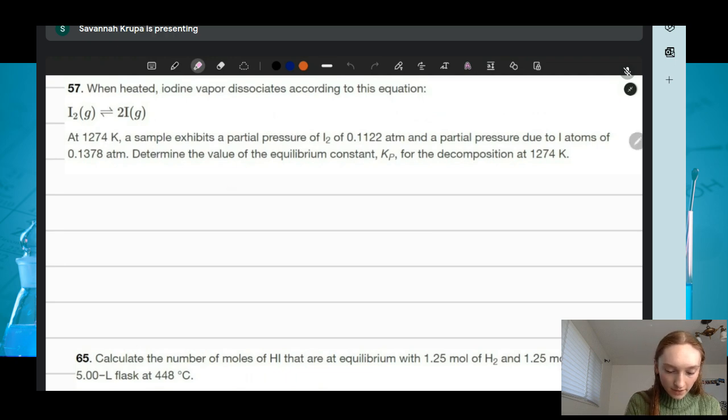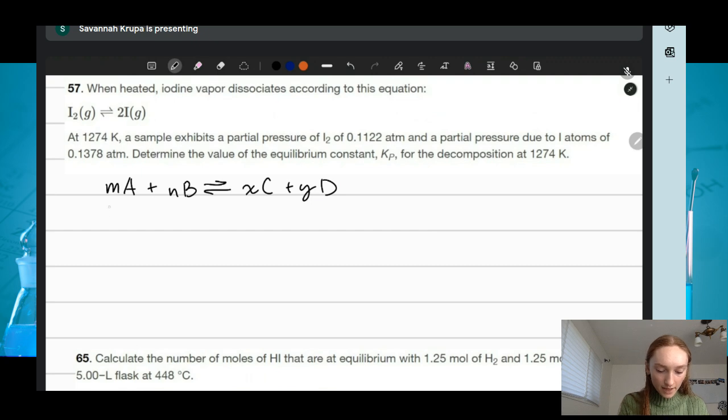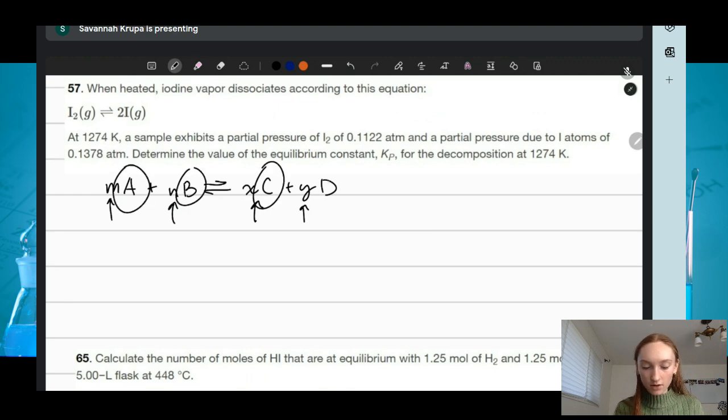A generic equation form will be like so: mA plus nB goes to xC plus yD. The m, n, x, and y are all just coefficients, and A, B, C, and D are the different species of molecules or atoms. A and B are going to be the reactants, and C and D are going to be the products.